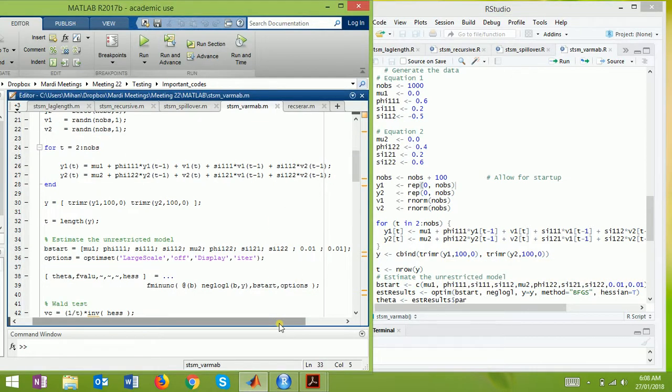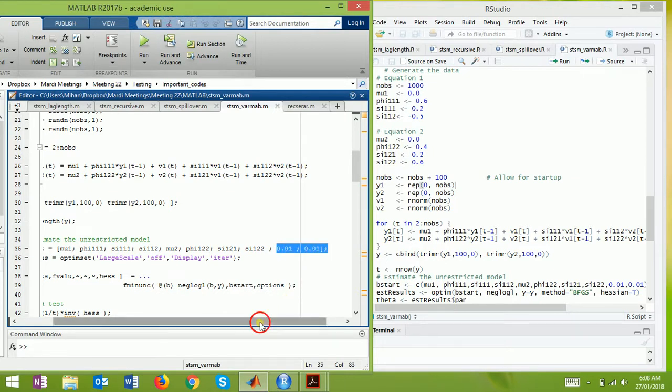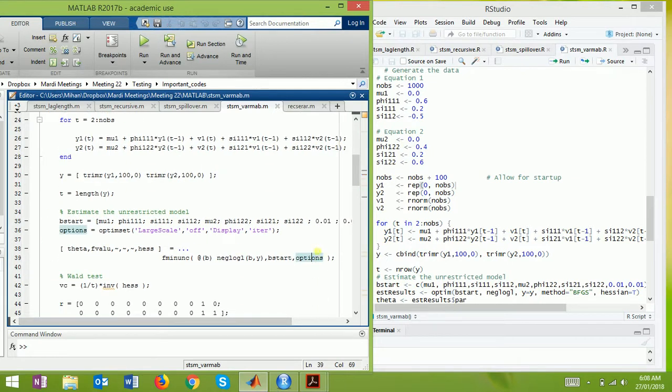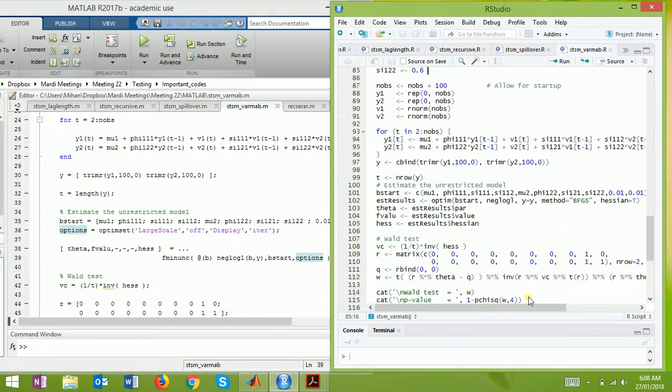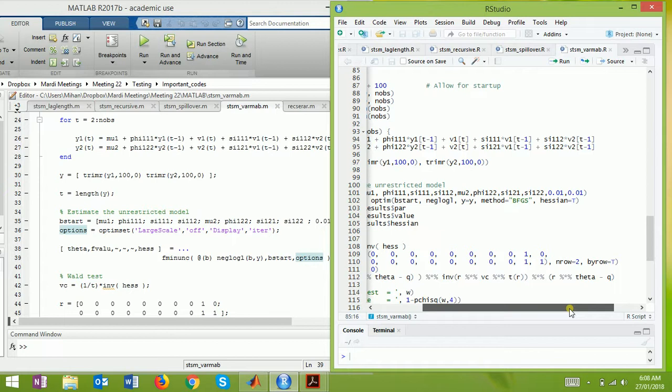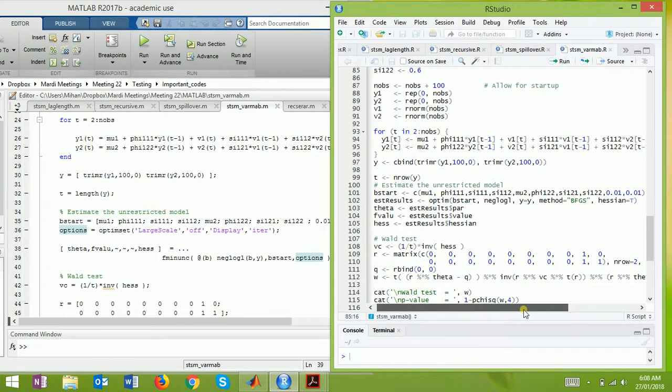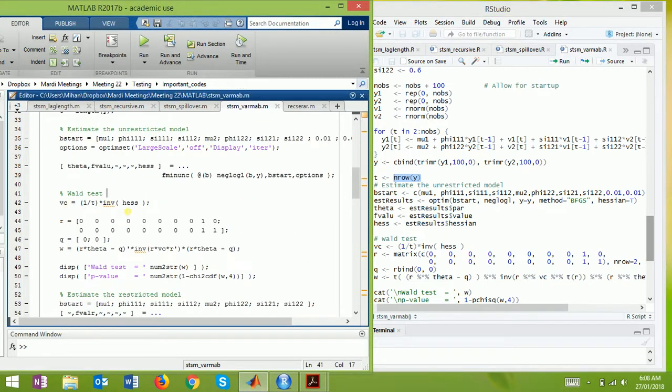And for non-linearity parameters we take two initial values in our unrestricted model estimation, which are 0.1, 0.01, 0.01, that are kind of assumptions. Then we run our estimation. Now we have the variance covariance matrix from the test, and we have our theta estimated. We have our Hessian estimated. Hessian we use for the variance covariance matrix, and theta we use in our actual Wald test equation.